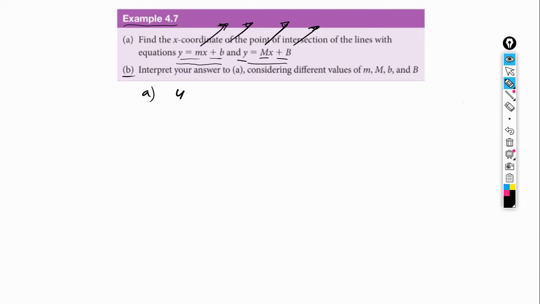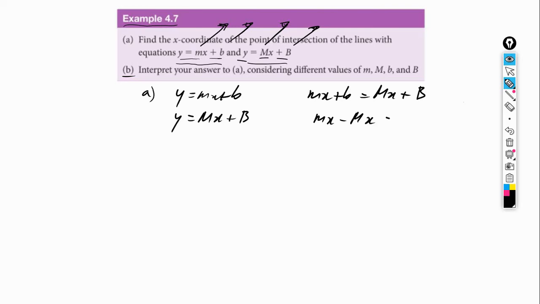If y is equal to mx plus b, and y is equal to uppercase Mx plus uppercase B, then we can do the same thing we did in the previous one. We can say mx plus b is equal to uppercase Mx plus uppercase B. Then we solve for x: mx minus uppercase Mx is equal to uppercase B minus lowercase b.